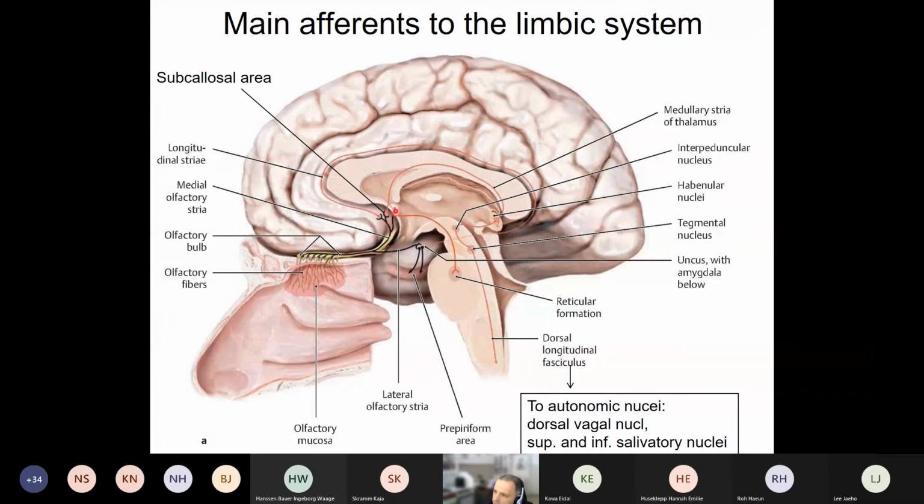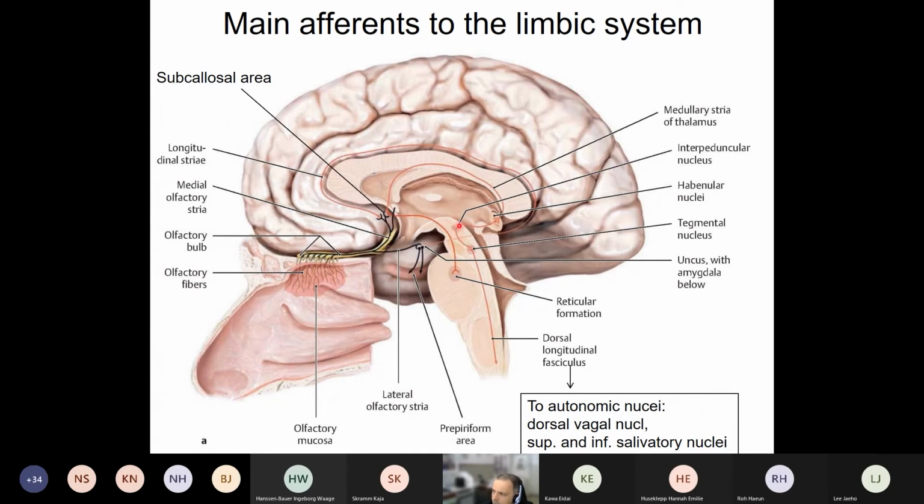If the signal comes from the subcallosal area, either through the indusium griseum, I mentioned this in my earlier slide, you have a pathway called the longitudinal stria that wraps around the corpus callosum and goes into the amygdaloid areas. On the other hand, through the stria medullaris of the thalamus, the information also goes into the habenular nuclei, and later on into the interpeduncular nucleus that is in the tegmentum of the midbrain.